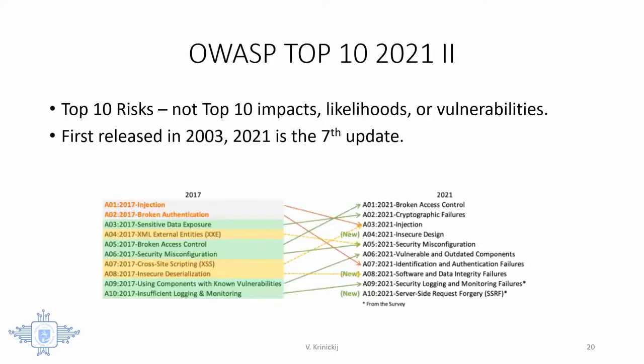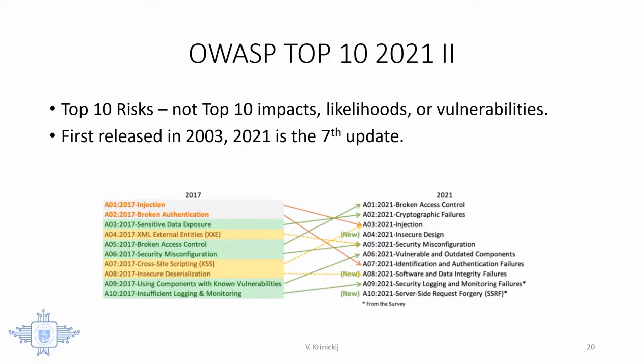And because of that, we have in the newest OWASP Top 10 the number 4 spot, which is insecure design. As you know, the OWASP Top 10 comes out every 3-4 years. It's the 7th update. It gives the top 10 risks, not the likelihoods or vulnerabilities.